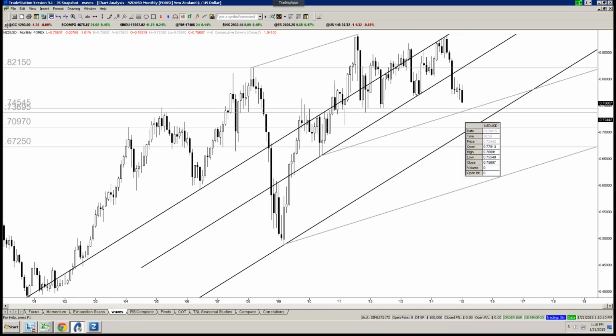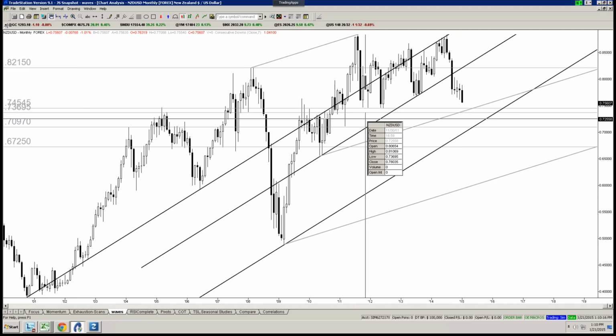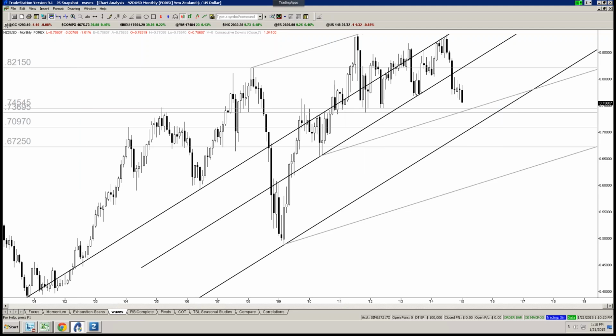So the next big levels, it does seem, would be 73.70, 73.90. And that's the gap, 73.90 from November 2011 after Thanksgiving. It's also the November 2011 low. So that would be the next first test.